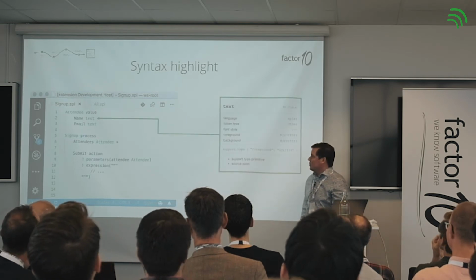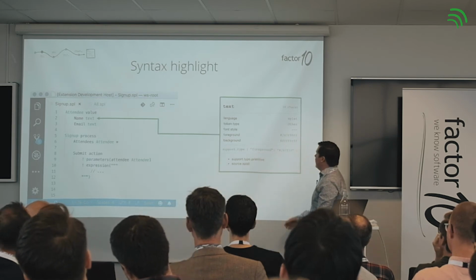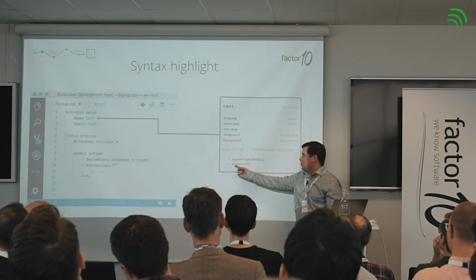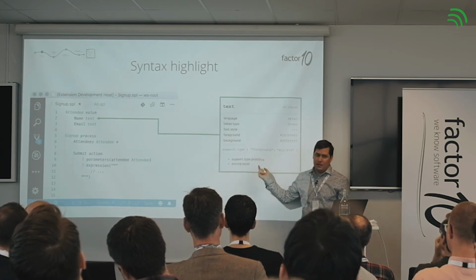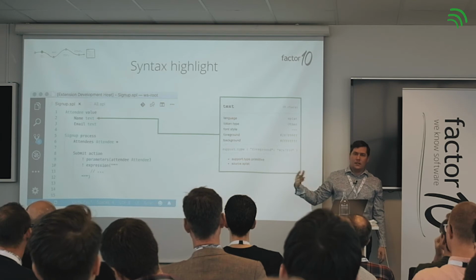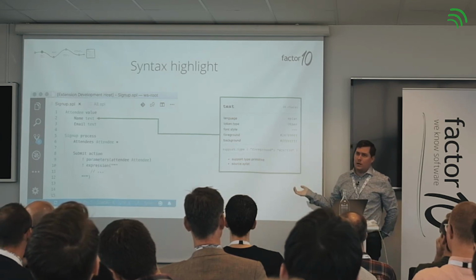So what you want to do is identify text. It's a Splat source, but it's a primitive type, and then it gets colorized according to your theme. So you don't specify colors. That's the theme.